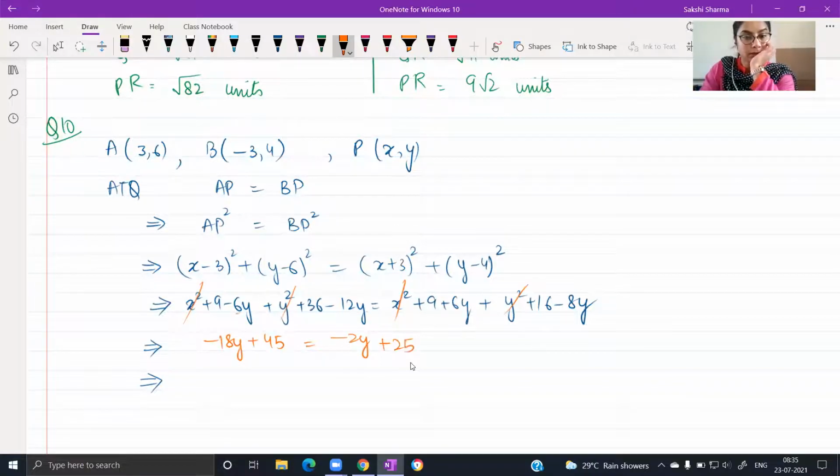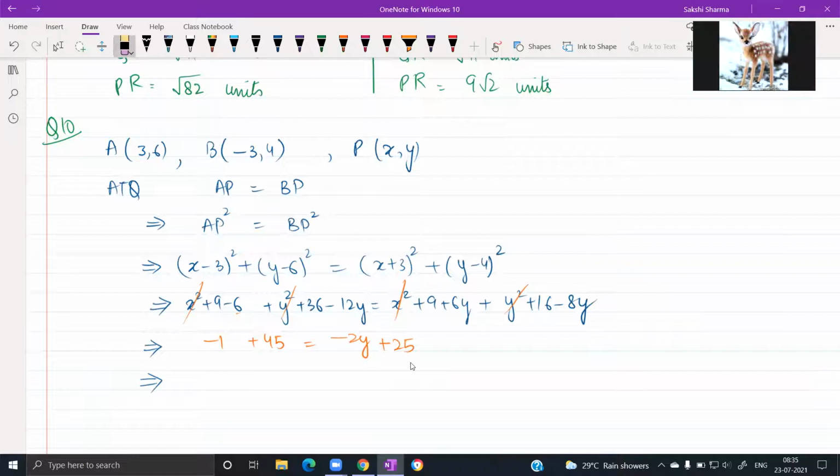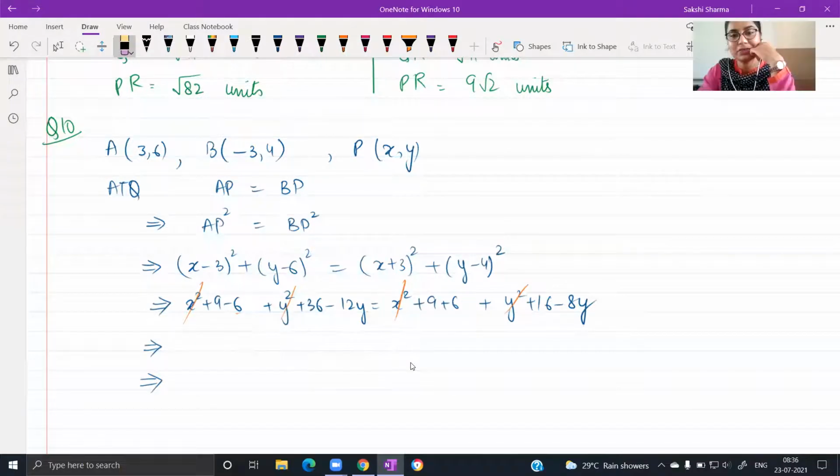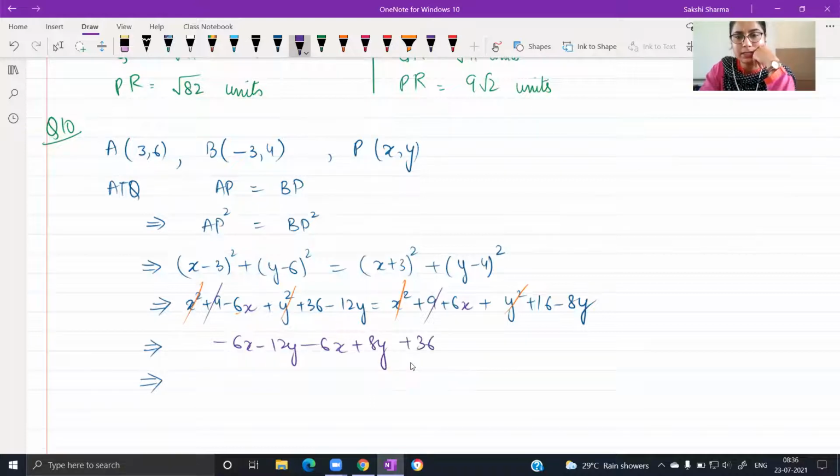Kindly check. I think I've missed this was X. So 9 also gets cancelled. Minus 6x minus 12y minus 6x plus 8y plus 36 minus 16.